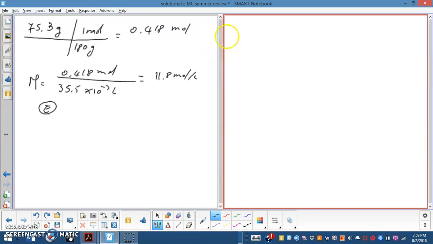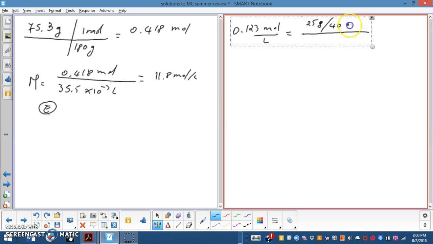So you have 0.123 moles per liter. And this is the same as the moles that are contained in 25 grams, which you got to convert to moles. So you divide by 40 grams per mole, divided by the volume, which is what you're solving for.